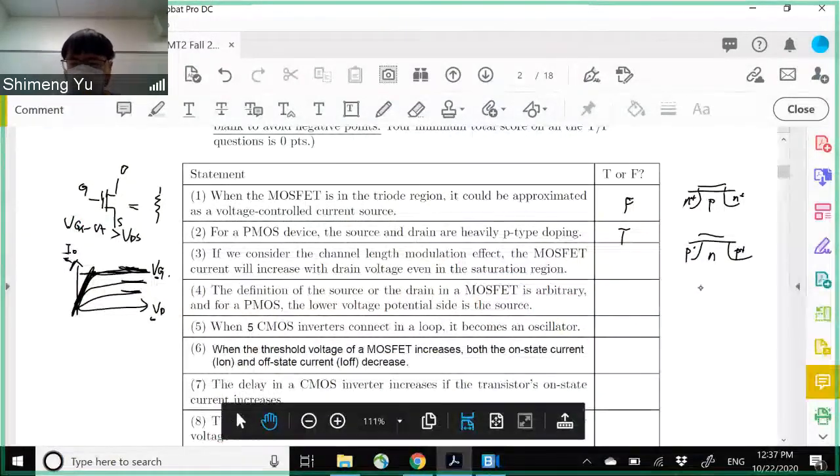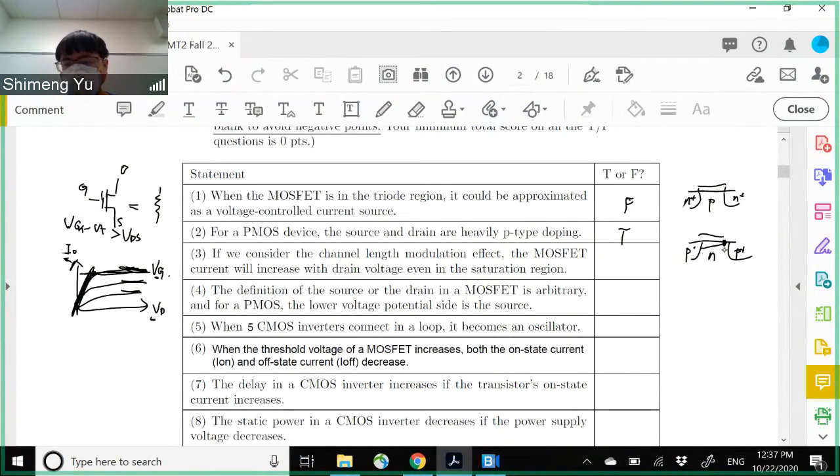That is, the pinch-off point is going to move to the left when the transistor is in the saturation. That will make the current larger because the effective channel length will be reduced. So that will be reflected in this ID-VD curve. That means in the saturation, the current is going to increase further. So this is true.